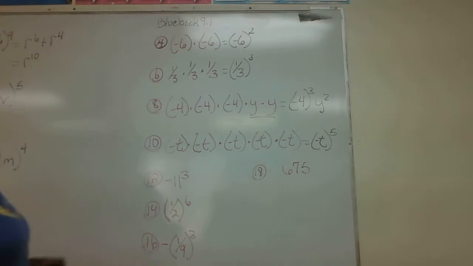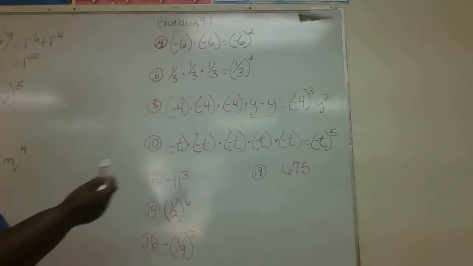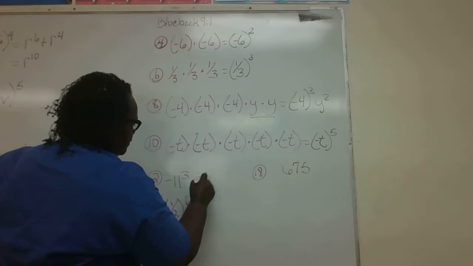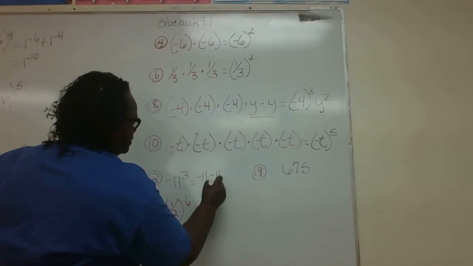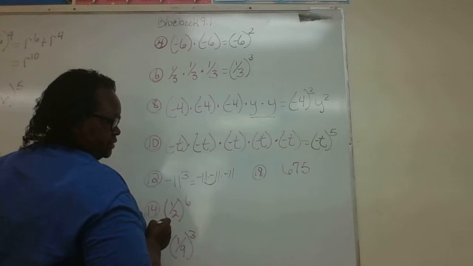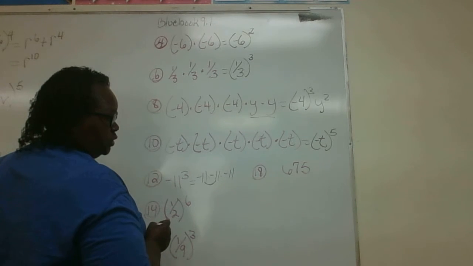Here we have number 12, -11 raised to the 3rd power, okay? So we find that -11, if we use our calculator, raised to the 3rd power, you actually have -11 times a -11 times a -11. What happens is these two make it positive, positive 121.